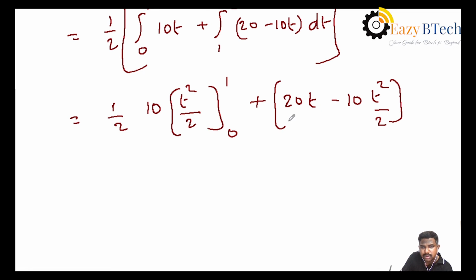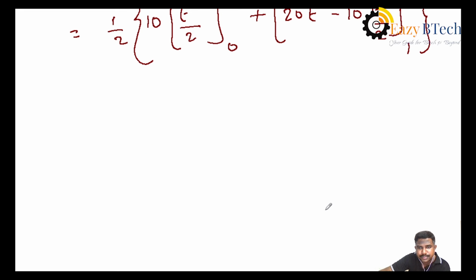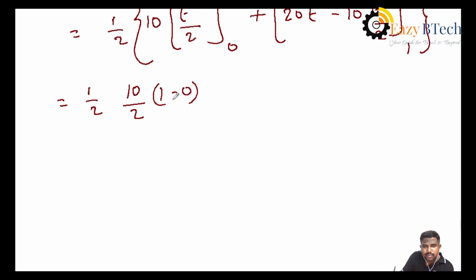Then the limits are 1 to 2. Then 1 by 2, apply the limits here. 10 is constant, 10 by 2, 1 minus 0, plus 20 into 2 minus 1.